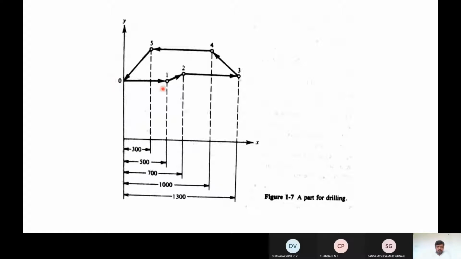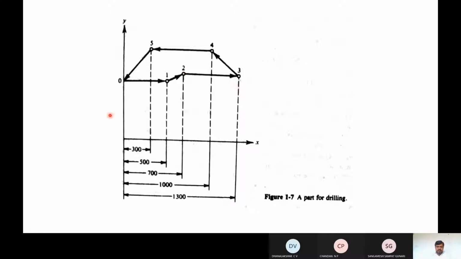In order to position for the first hole along the X direction, the table should be moved for 500 units. It may be 500 basic length units. In order to drill the second hole along the x-axis, from the origin it will be 700.